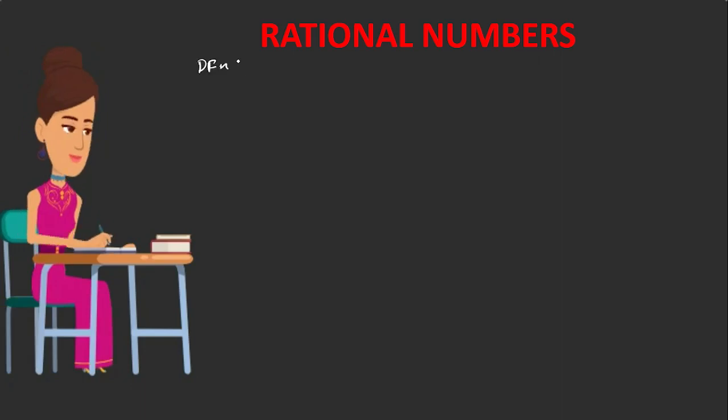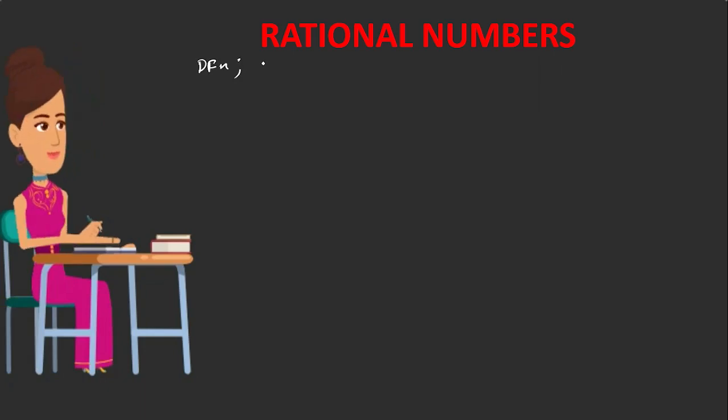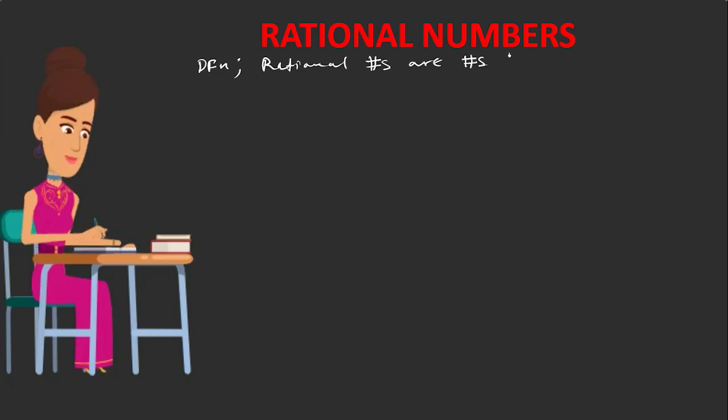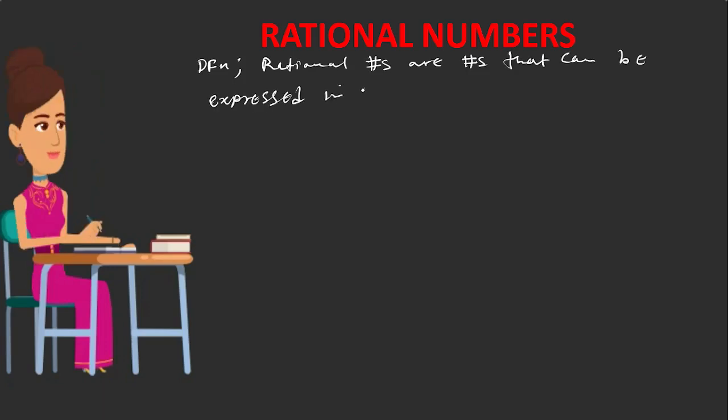So if you look at the definition, rational numbers are numbers that can be expressed in the form P over Q, or A over B. This is the first definition that you are supposed to know when it comes to rational numbers.